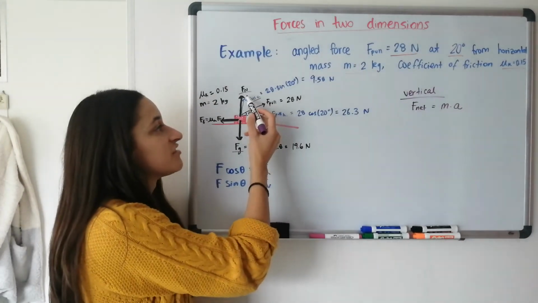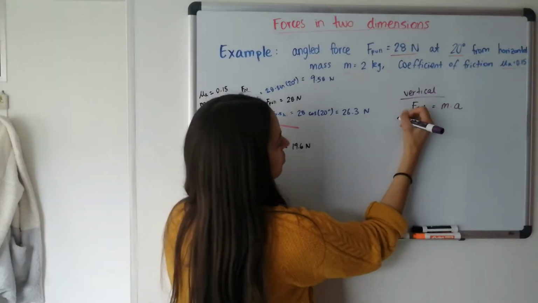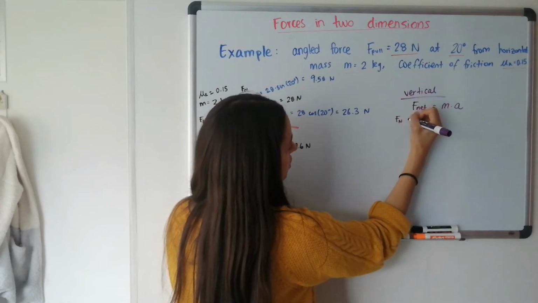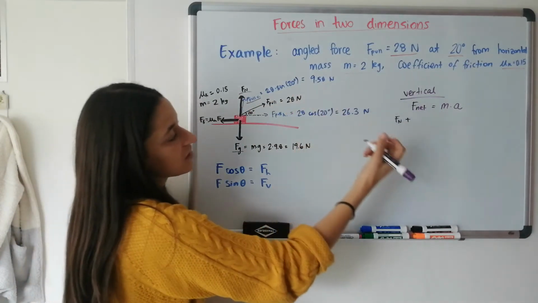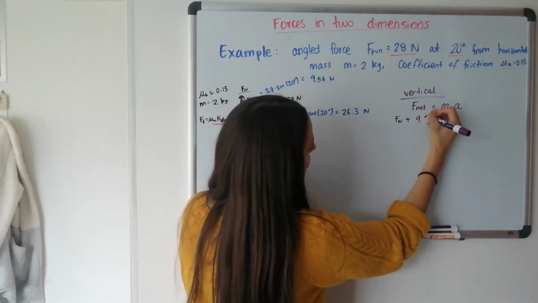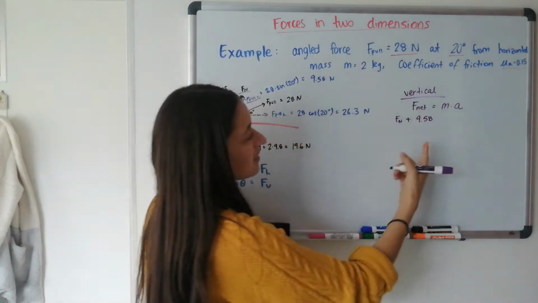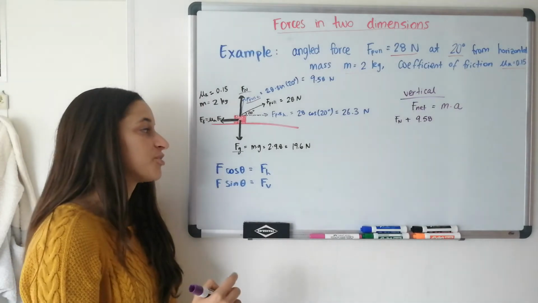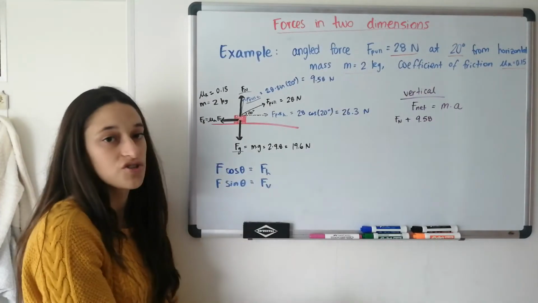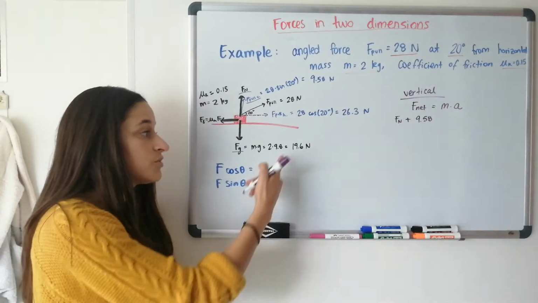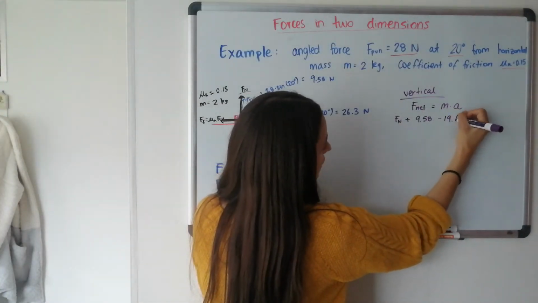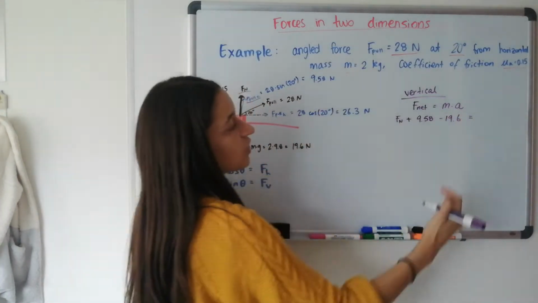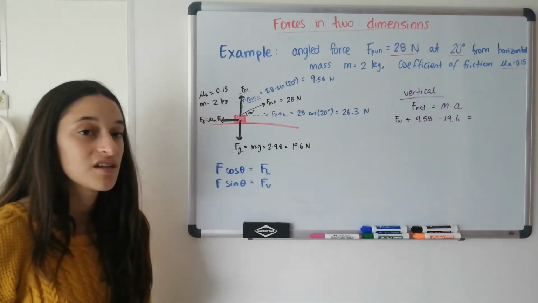So we have positive the normal force, which we'll call Fn until we figure out what it is, plus the other positive force, 9.58, which we know already. Now we subtract all of the forces that point downwards, which is just the weight, or the force of gravity, 19.6. So we subtract 19.6 and set that equal to mass times acceleration.